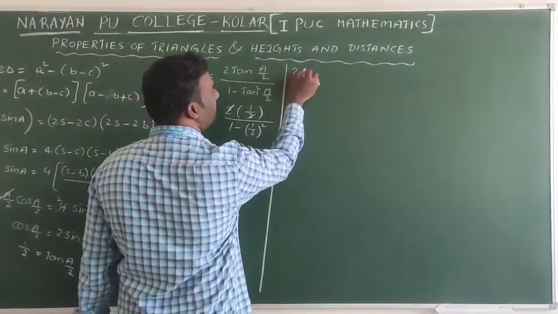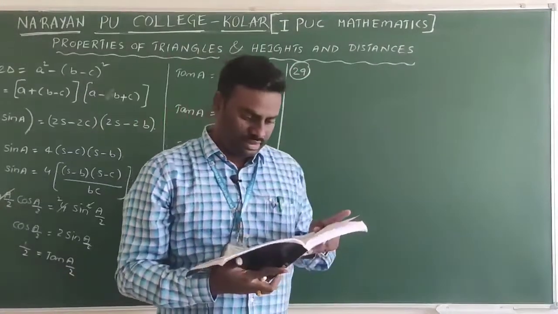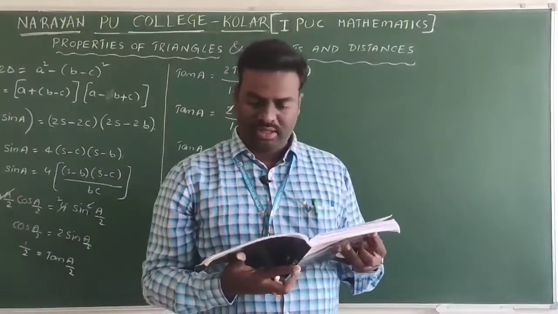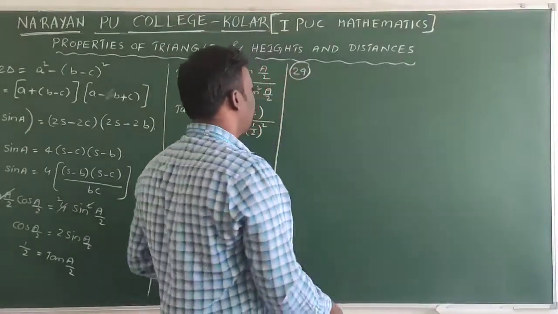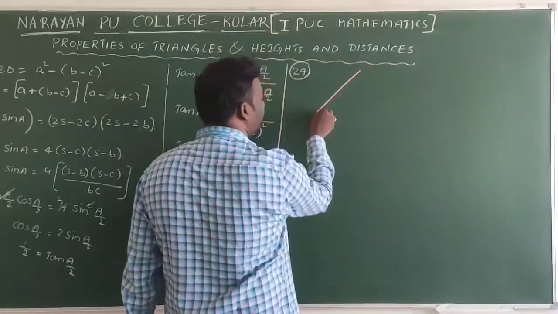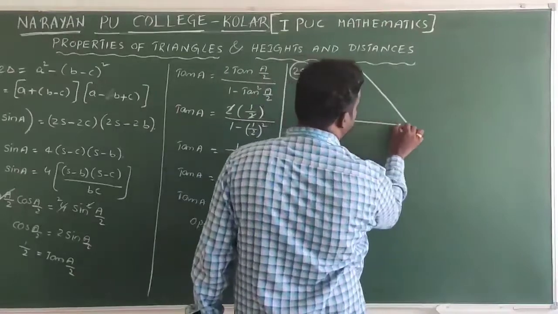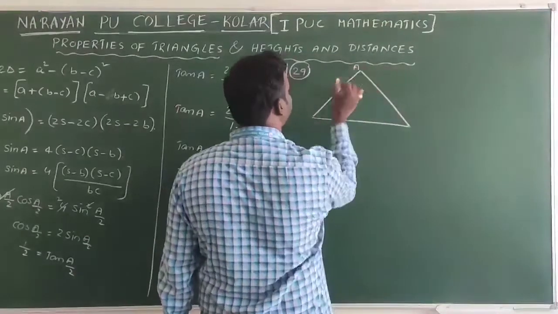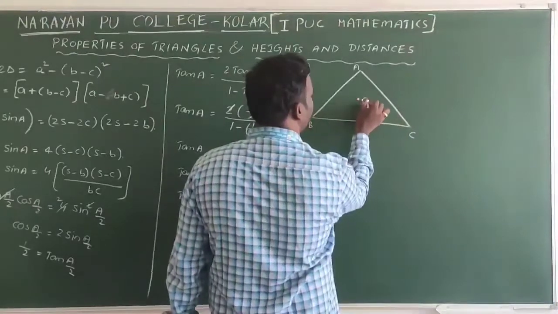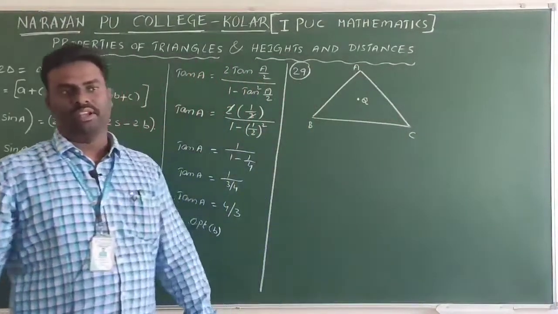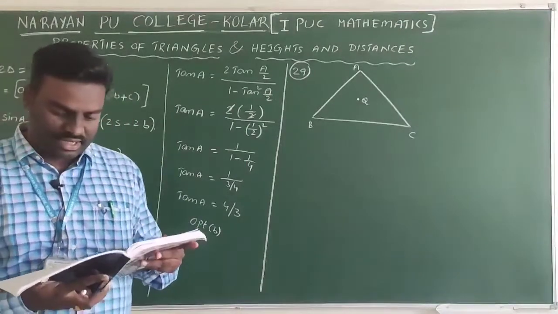Next, question number 29. A point Q is selected at random inside the equilateral triangle. This is equilateral triangle ABC. I took a point Q randomly selected inside the equilateral triangle.